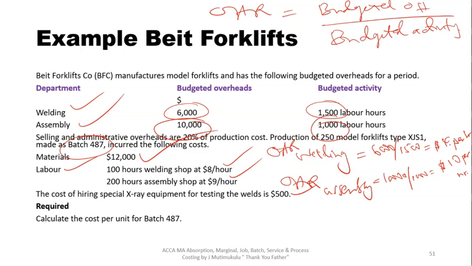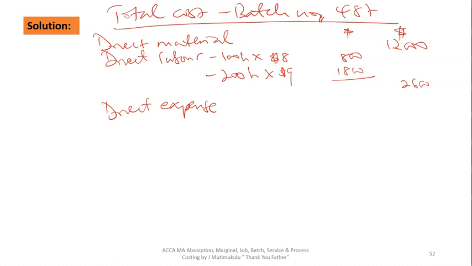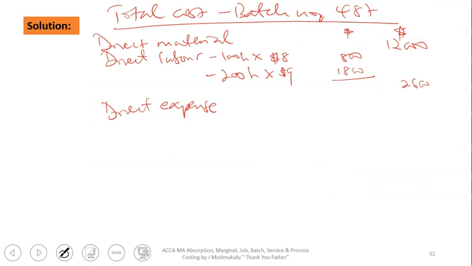So it is directly attributable to the production of this commodity. So it is an example of a direct expense. Okay, we can't call it an indirect. It is a direct expense because it is directly attributable. It is necessary for the product. The cost of hiring a special equipment for testing the welds. So it is actually part of the production.